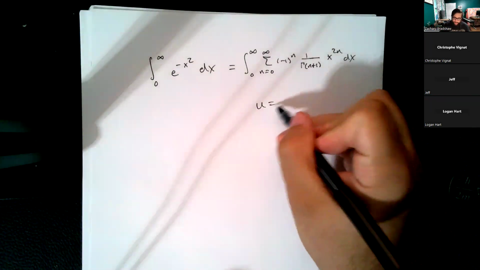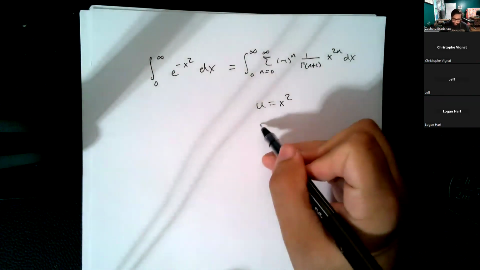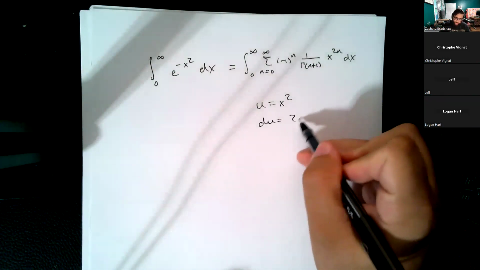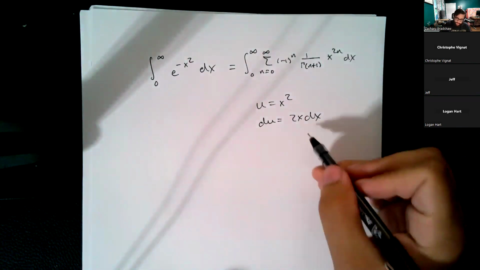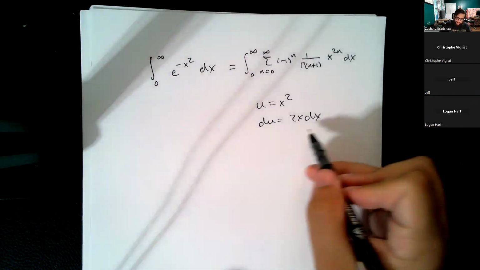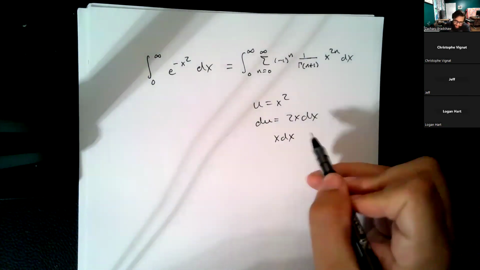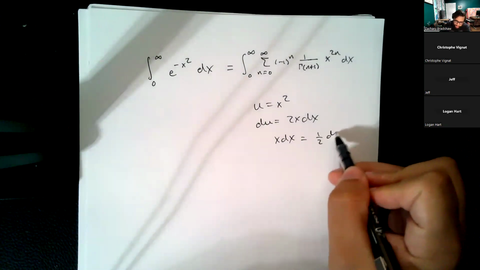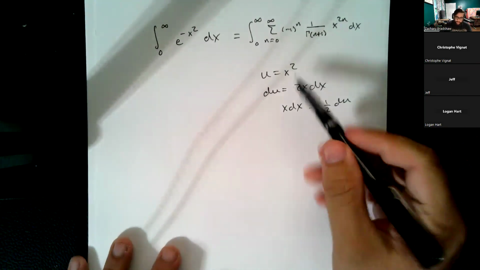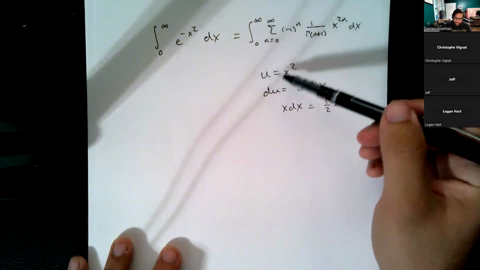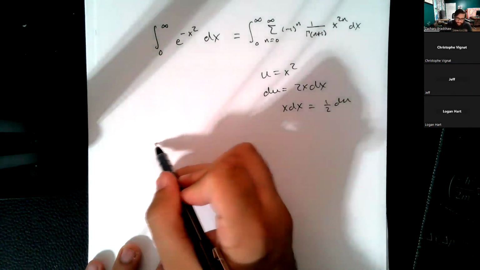So set u equal to x squared. du equals 2x dx. And so let's see, dx is 1/2 du. And as x goes from 0 to infinity, u also goes from 0 to infinity.